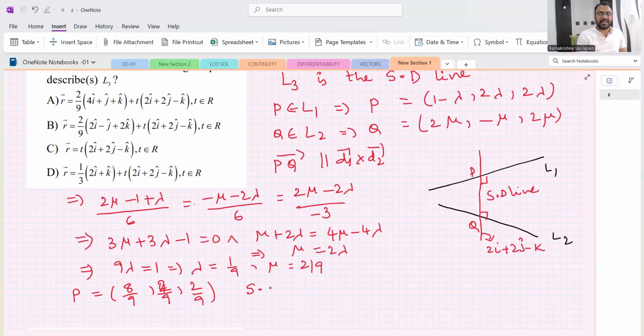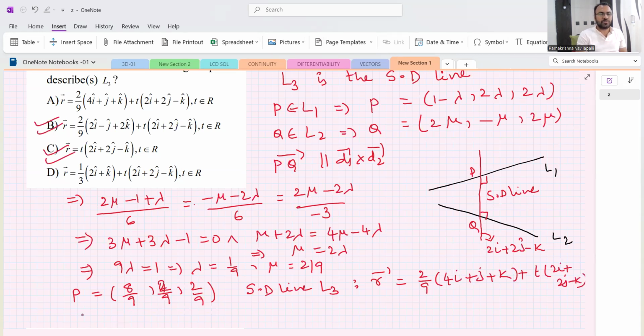So the line L3: r bar is equal to, it passes through the point, I can take 2 by 9 common, I will get 4i plus j plus k, plus some t into 2i plus 2j minus k, parallel to this vector. So option B is true.